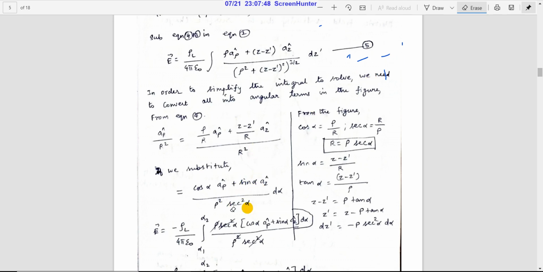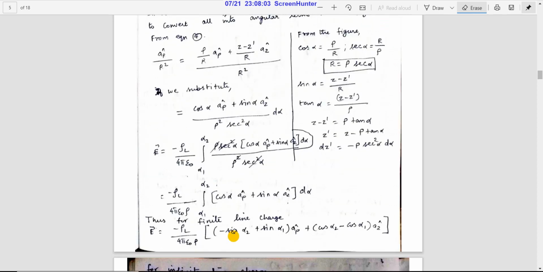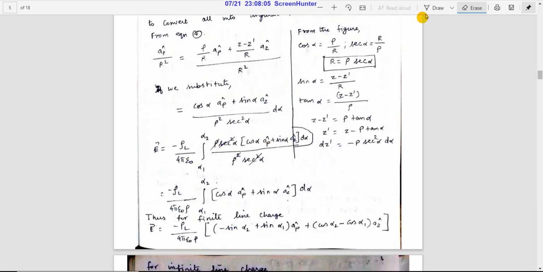So what is rho by r? It is going to be cos alpha. What is z minus z dash? It is going to be r sin alpha, divided by r square, which is going to be rho square into secant square alpha.